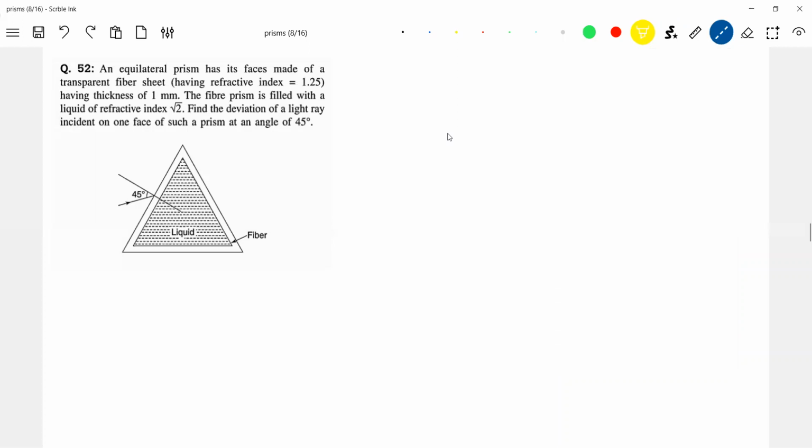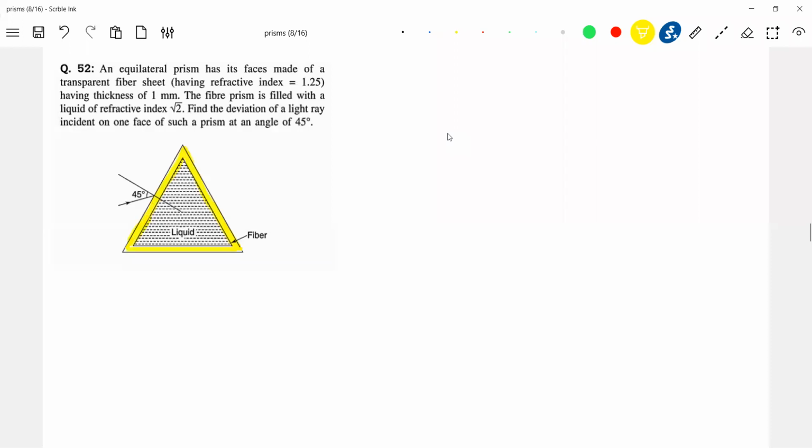What to do with that fiber sheet? What difference does it make now? It doesn't make a difference. The thin fiber sheet which is there, it is of no use. You can treat only the liquid as the prism and solve the problem. But he has given a refractive index of 1.25.